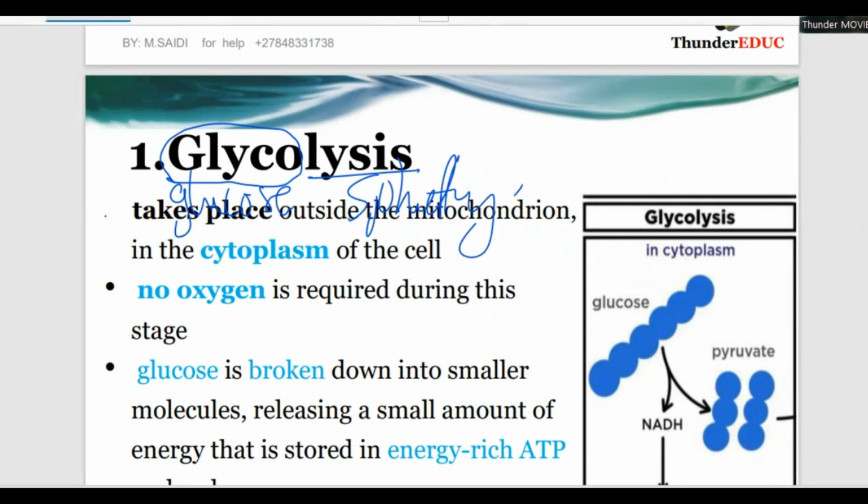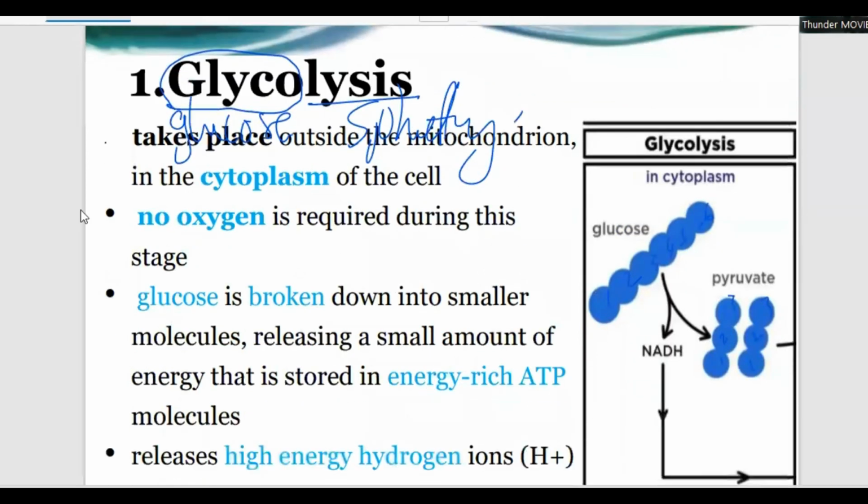The 6 carbon atoms divide into 1, 2, 3 and 1, 2, 3, meaning that you have 2 independent molecules made up of 3 carbon atoms. It takes place outside the mitochondrion, in the cytoplasm.